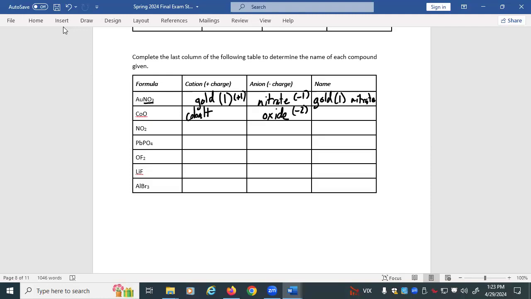And so since we have a 1-to-1 ratio of the cobalt and the oxygen, I know that the cobalt's going to have a +2 charge, which means that this is going to be cobalt(II). So I put those together, cobalt(II) oxide.